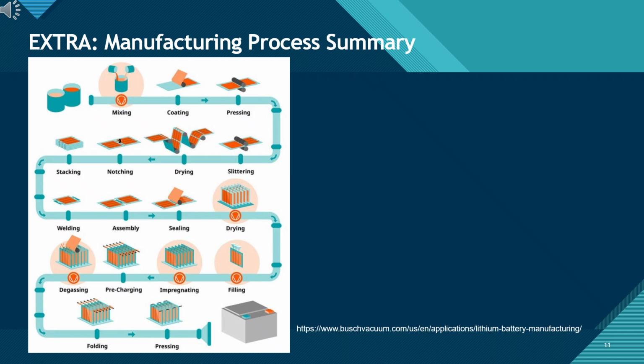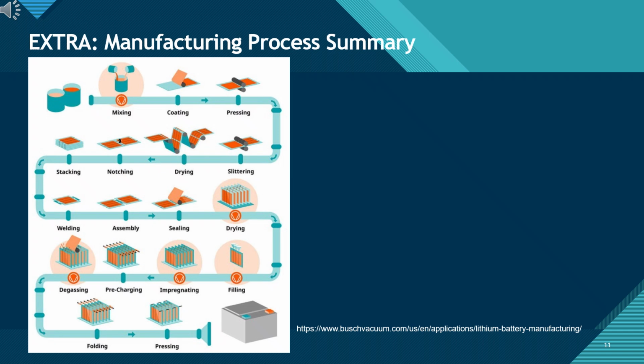The diagram outlines the manufacturing process of lithium-ion batteries, which involves several key stages. Electrode preparation is the initial phase, where raw materials are mixed to create a slurry, coated onto foils, and then pressed and dried to form the coated electrodes. Cell assembly: the prepared electrodes undergo slitting and notching, followed by stacking or winding with separators, and then welding and assembly to form the basic cell structure.